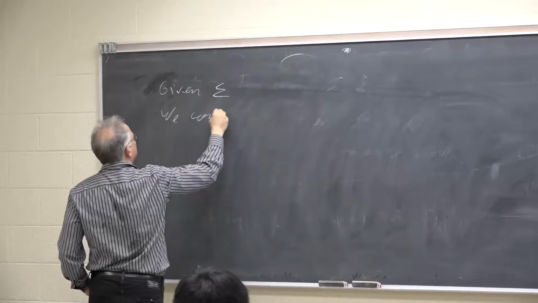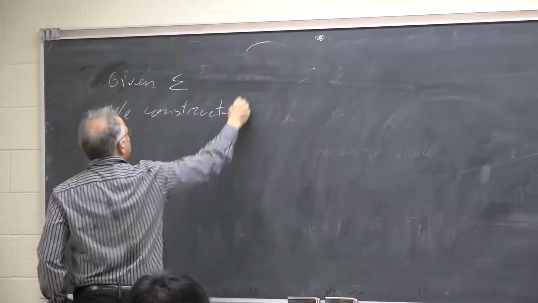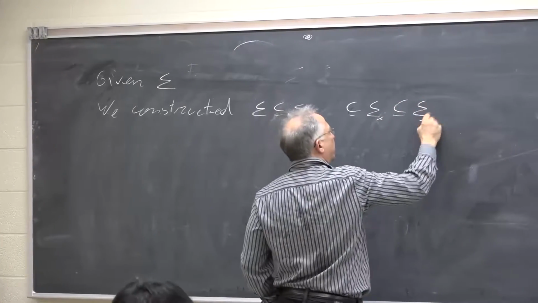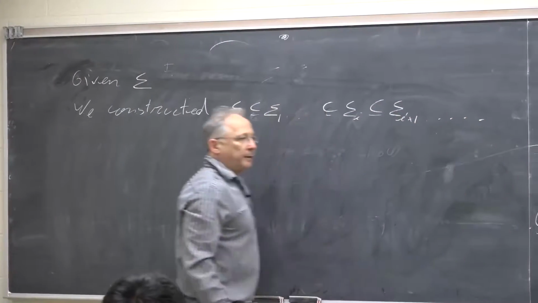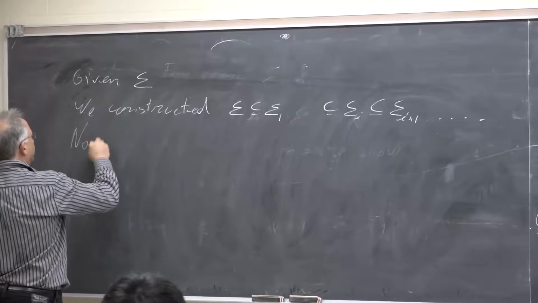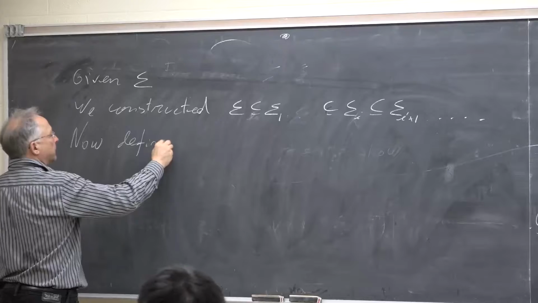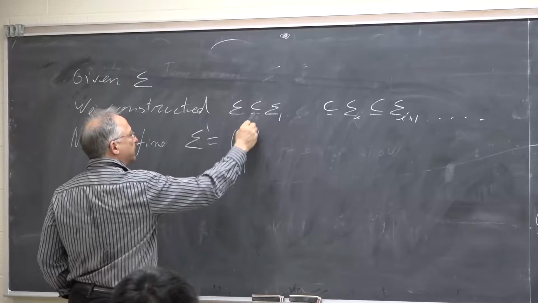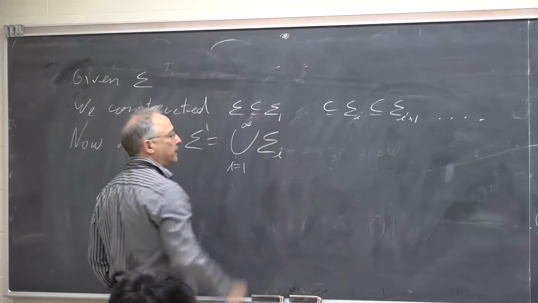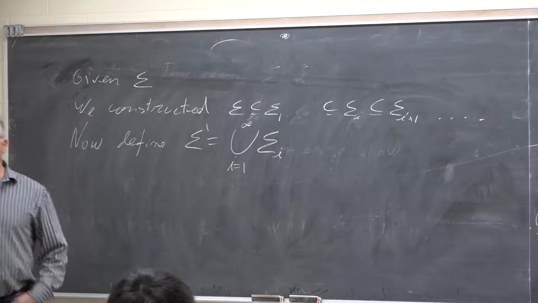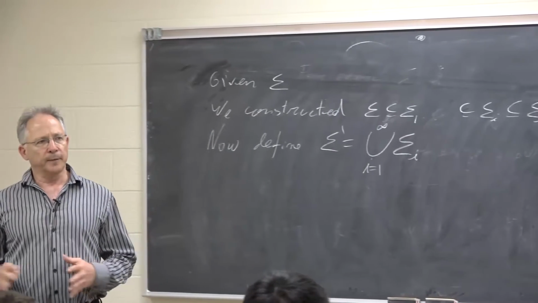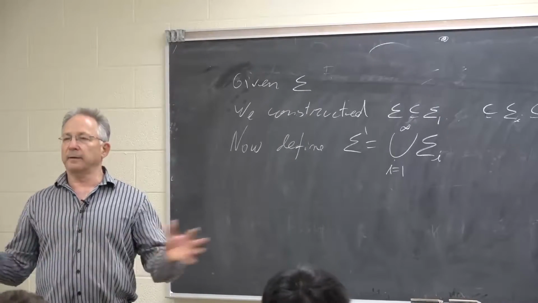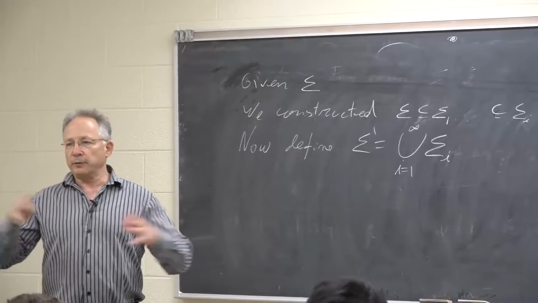We constructed this sequence, sigma subset of sigma 1, subset of sigma I, subset of sigma I plus 1, and it went on for every I. Now define sigma prime to be the union over all natural numbers of sigma I. So sigma prime is going to be the union of all of those sets. It's an infinite union. We have sigmas that keep growing, and then we take the union. So it's not any of those, because each of them is bigger and bigger and bigger.